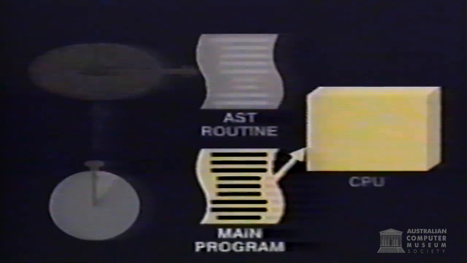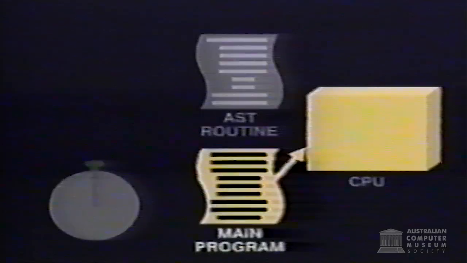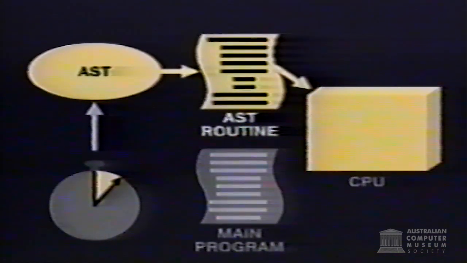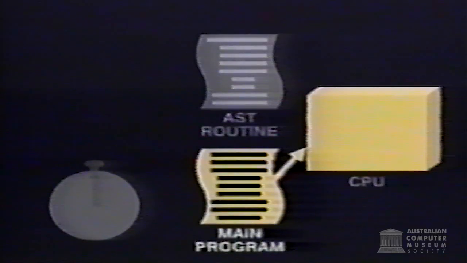The main program, which calculates accumulated interest, begins running in the CPU. After 5 minutes, the timer expires and an AST is posted, interrupting the execution of the main program. The AST routine now executes, updating the balances of accounts in the bank. Control is returned to the main program upon completion of the AST routine.